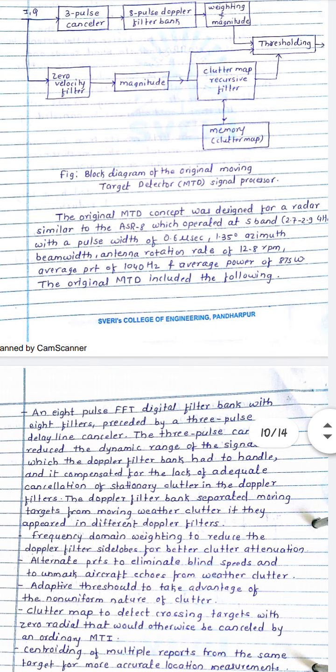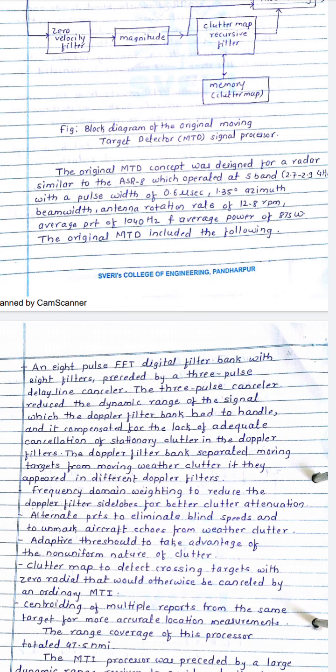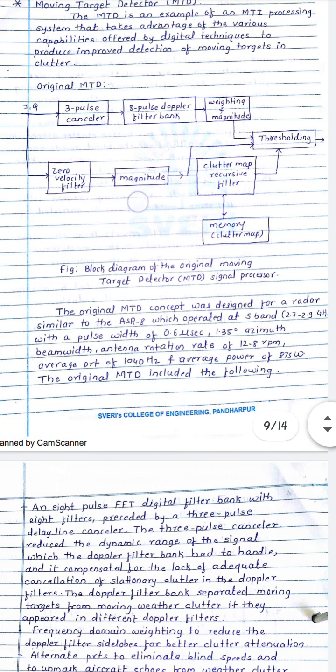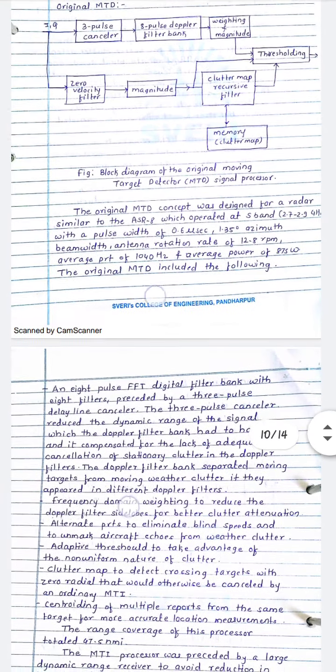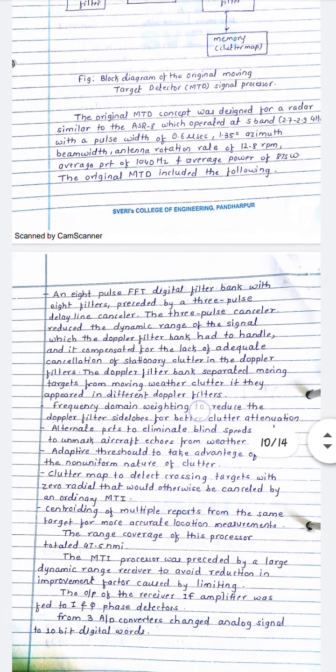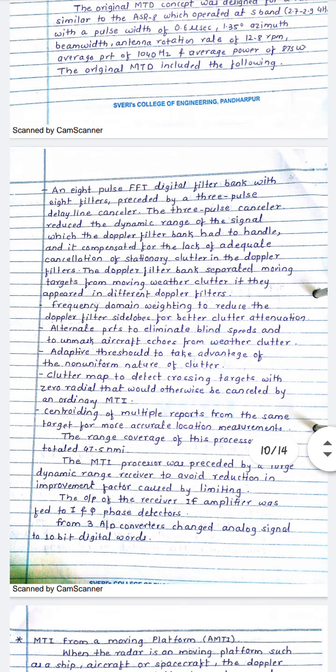the following points, shown in the diagram: an 8 pulse FFT digital filter bank with 8 filters preceded by a 3 pulse delay line canceller.